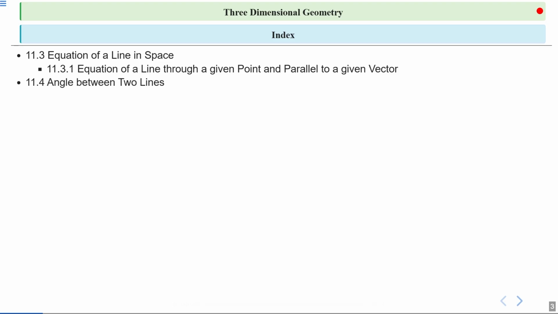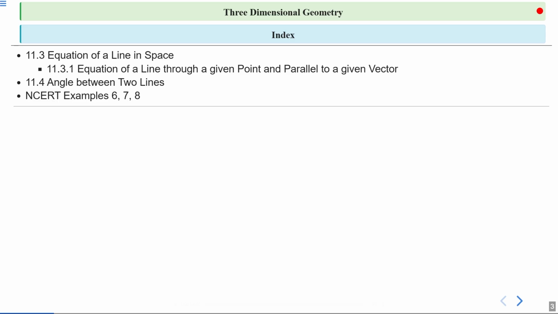Then in section 11.4 we will discuss the angle between two lines. Then we will solve NCERT examples 6, 7 and 8. I hope you are ready with your notebooks and pens.